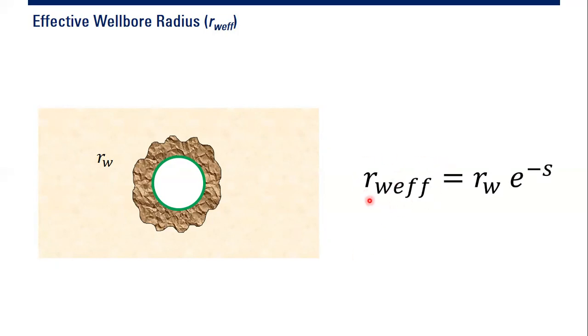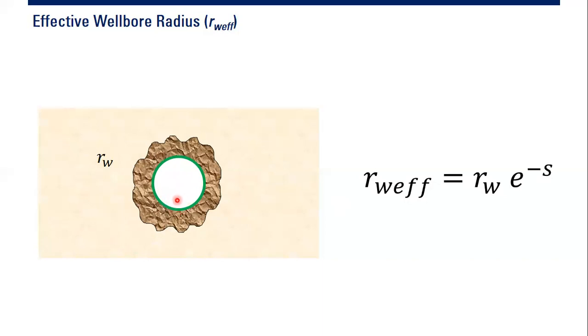This one, RWF or RW effective, is RW multiplied by this factor, e to the power of minus s, and the s is of course the skin factor. So although we still have the RW, the capacity of the well is now changed.